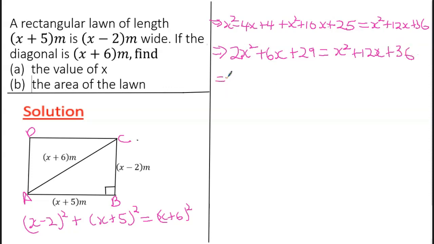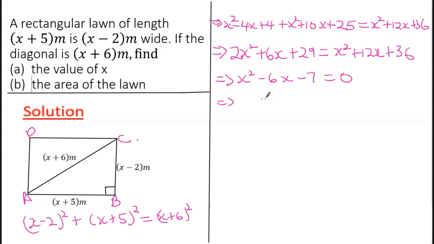We still have to group the like terms. So we bring the x squared to the left hand side. 2x squared minus x squared gives x squared. 6x minus 12x gives minus 6x. 29 minus 36 is minus 7, which is equal to 0.